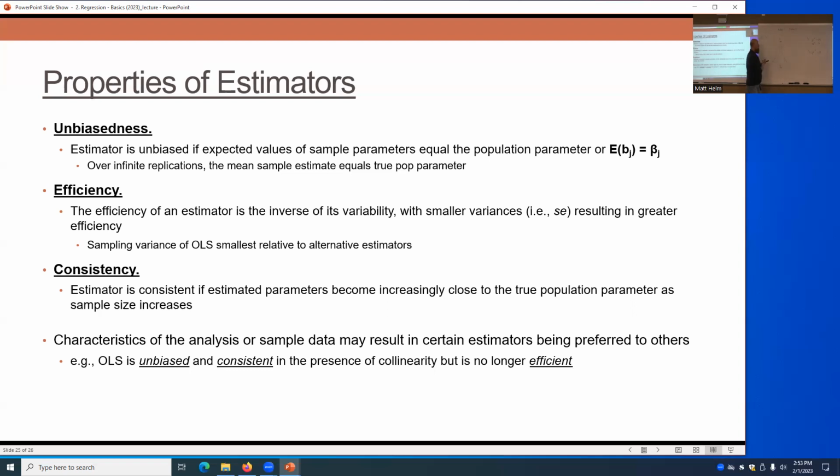But let's say I have an estimator that's less efficient. What I might find here is the same value, it's still getting there.